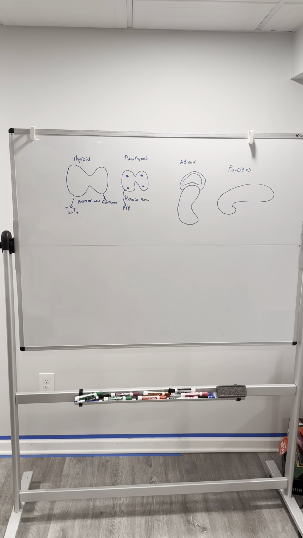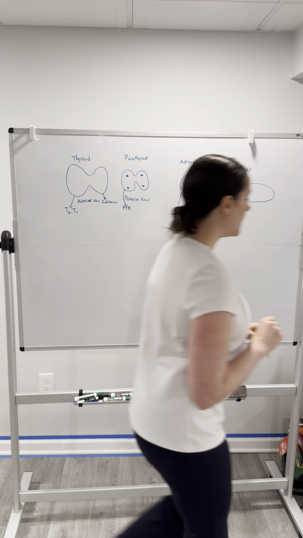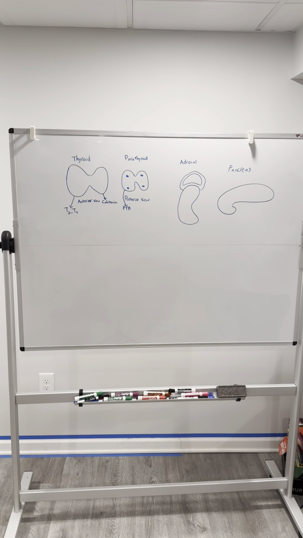The function of the oxyphil cells is not well known, but they secrete extra parathyroid hormone when someone has parathyroid cancer. So we're not going to worry too much about those. We're just going to concentrate on parathyroid hormone secreted by those chief cells. You can see pictures of the parathyroid glands underneath the microscope and what those chief cells and oxyphil cells look like.